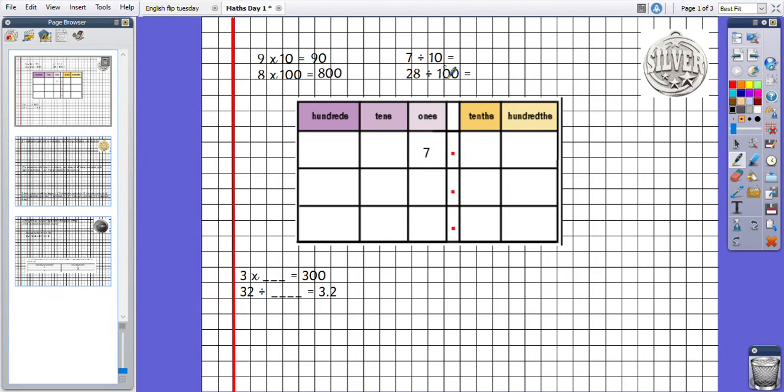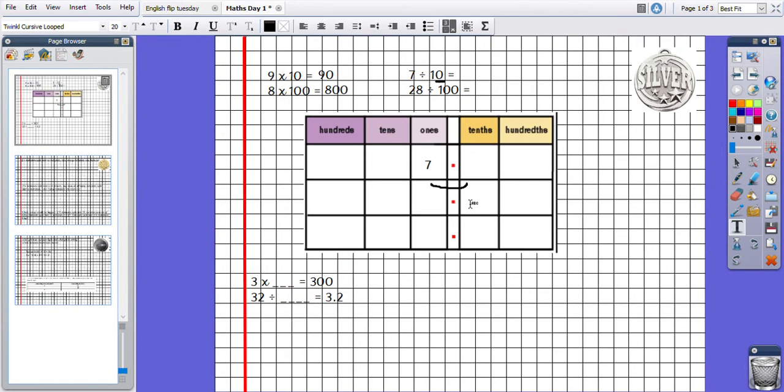So I am still moving it 1 column because there is 1 zero, and I'm ignoring my decimal points because they never move, and I'm moving it 1 place to the right. So my 7 will be in my tenths column. Now I'm going to pop a placeholder in my ones column. So my answer is 0.7.